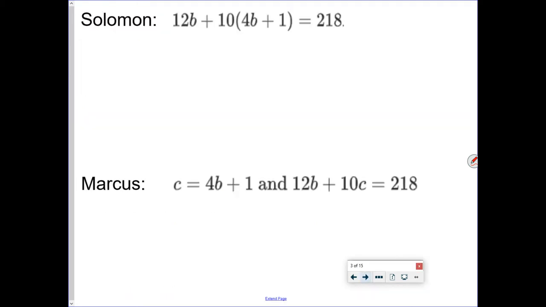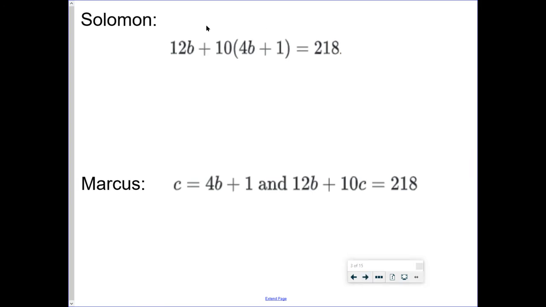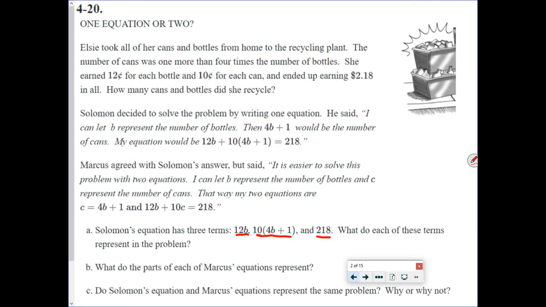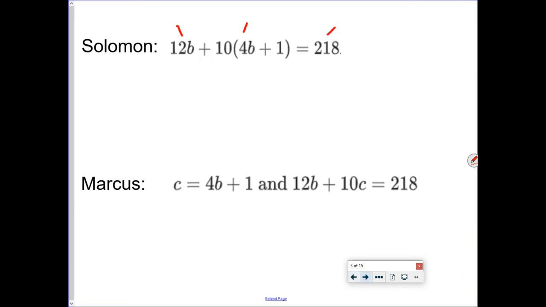So on your paper, please write down Solomon's equation, and above it, write what each part represents. We're going to do the same thing with Marcus. So pause, tell me what the 12B is, the 10 times the quantity of 4B plus 1, and the 218. Then when you've got that, go ahead and pause.